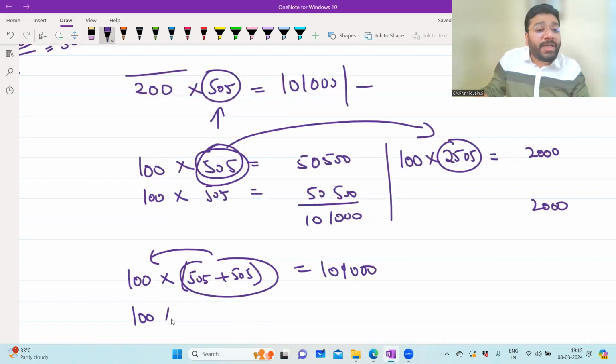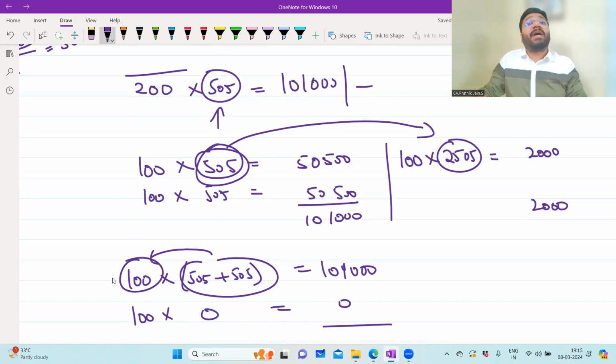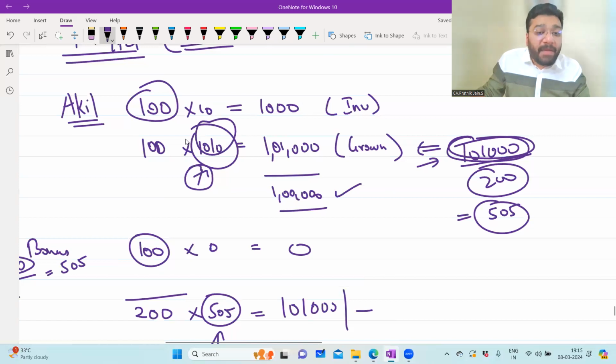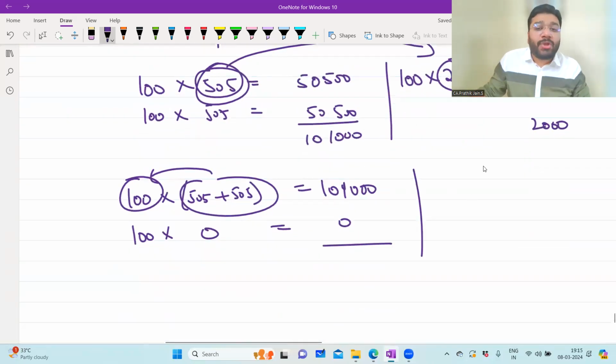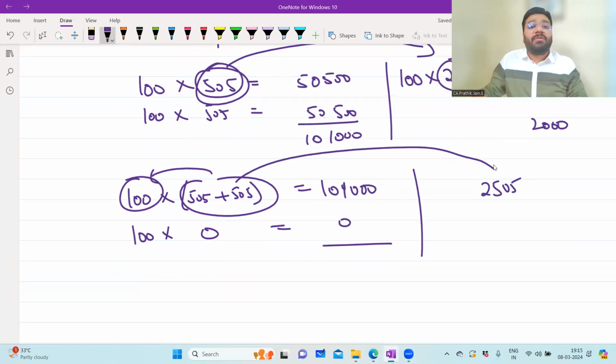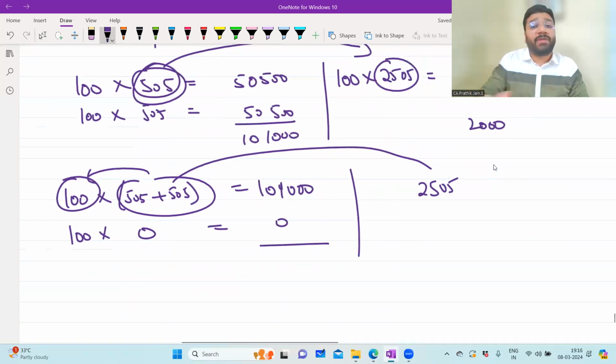Akhil got 100 shares at 0 cost. Correct? Now, for the first 100 shares, how much did Akhil pay from his pocket? Let's assume that this 1,001 rupees he paid from his pocket. And he has now sold it for 2,505. So what is the profit? 1,005 minus 2,505. How much is the difference?